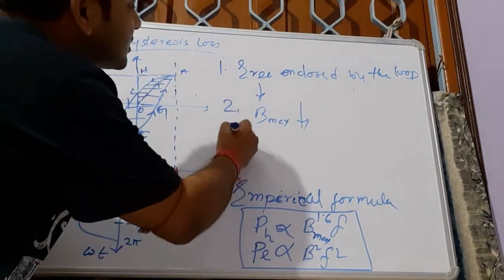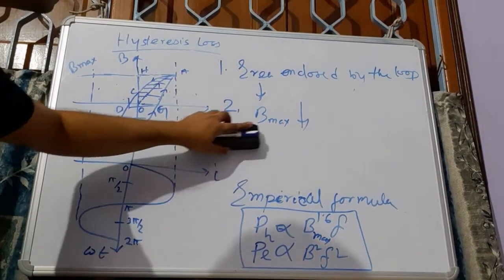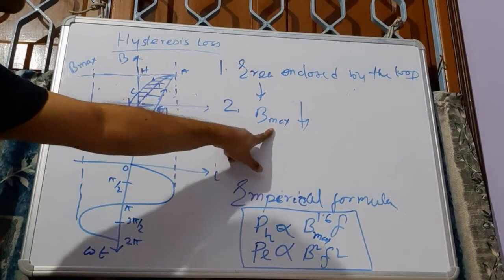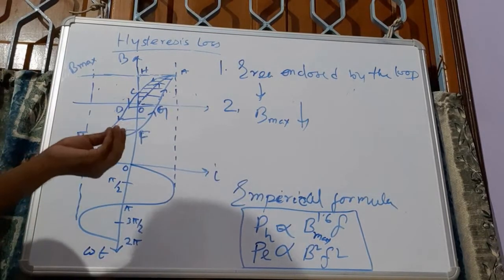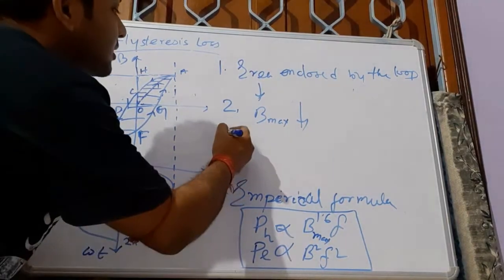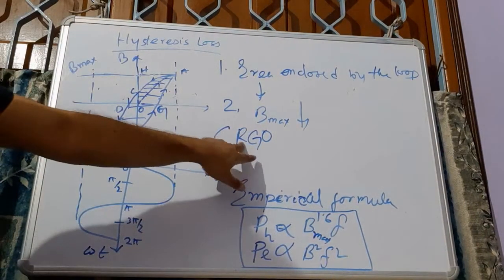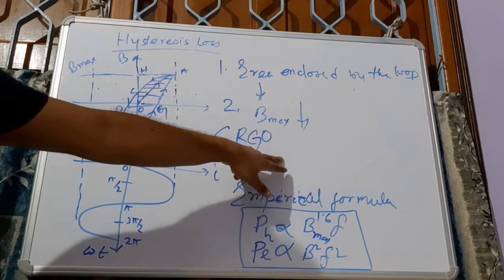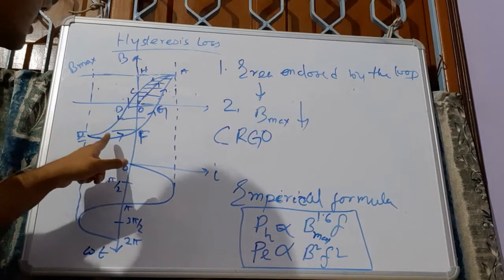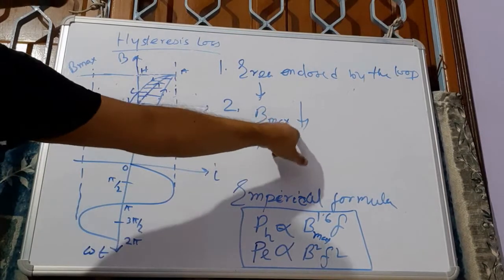The third is obviously frequency, but we cannot change the frequency because it is the system frequency. And how can B max be reduced? If we use a material where B max is less, for example CRGO, cold rolled grain oriented iron. This material can be used for building the core, and it has less B max.